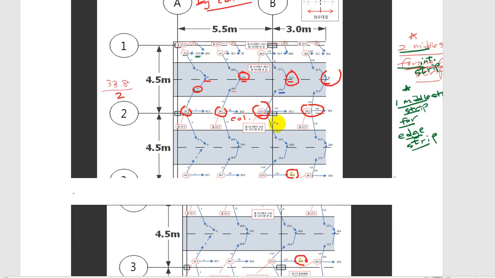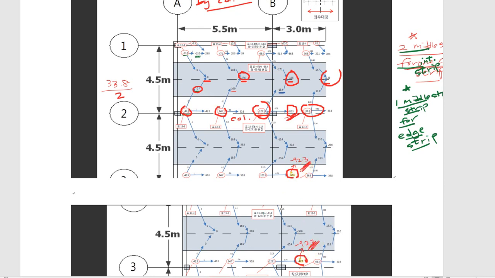Okay, this number should be 92.3. Let me just fix it here. This one minus 92.3, this one minus 92.3. That should be same as this number. They're all the same, right?